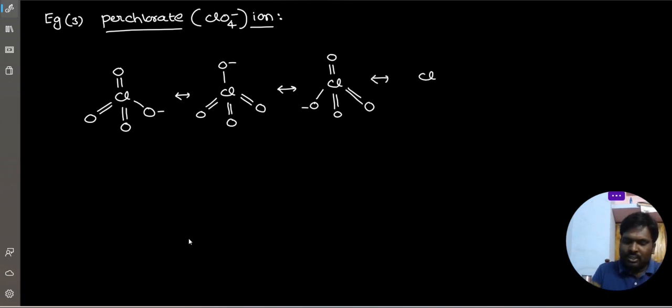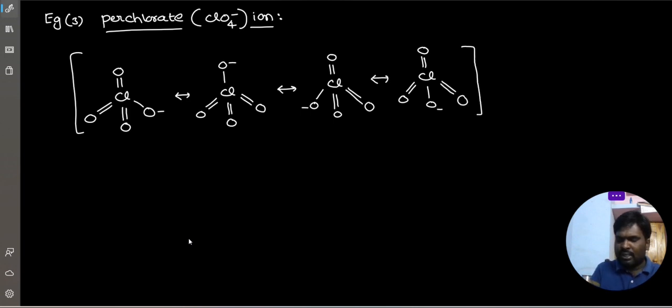For resonance, we can use a double-headed arrow. You know, here is a trick: remaining all are Cl double bond O, one is Cl single bond O. First position, second position, third position, fourth position. So 4 resonance structures possible. Understood?